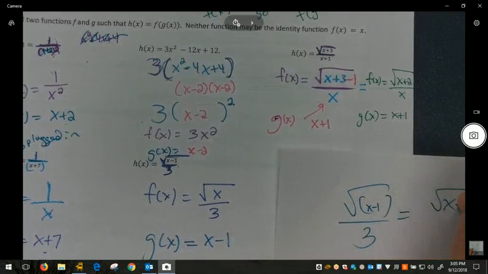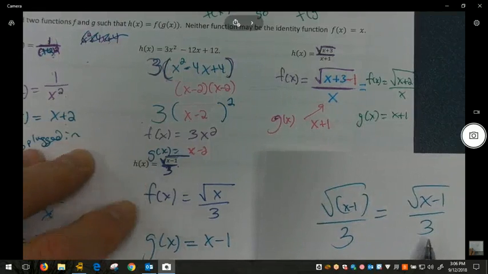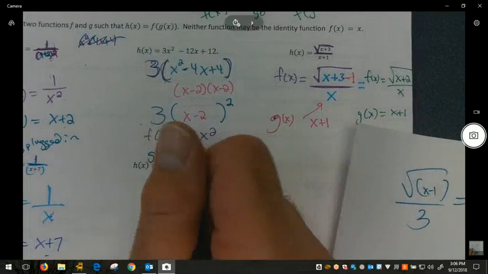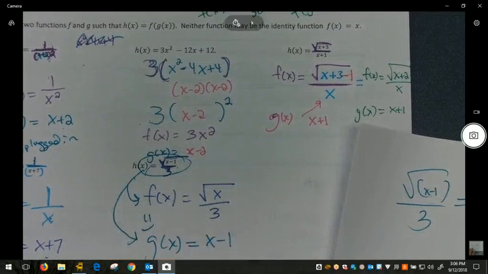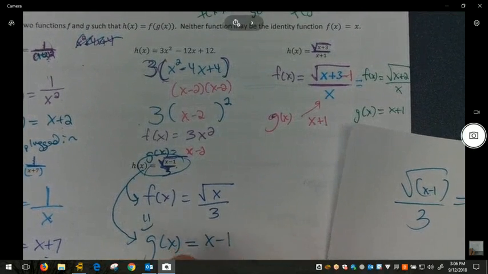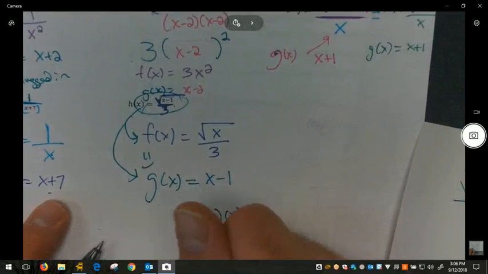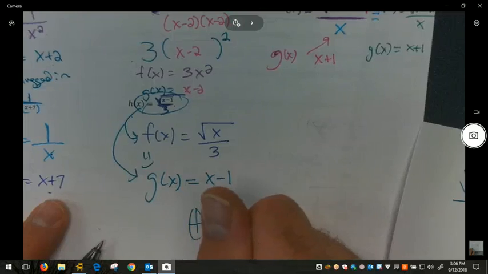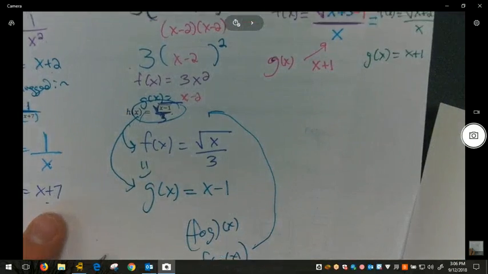Sure enough, square root of x minus 1 over 3, we get the original function back. So the two functions that I decomposed this into work, because f of g of x equals that original function.